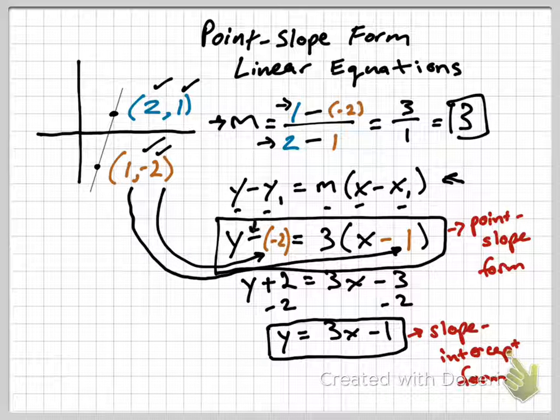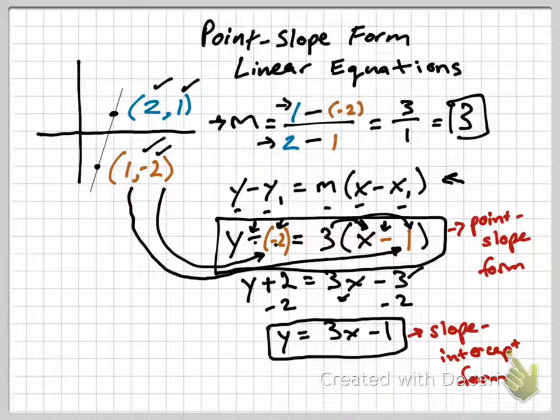Notice I keep this negative sign and this negative sign no matter what this value is, okay? So this simplifies, negative minus a negative simplifies to a positive, and using the distributive property, 3 times x is 3x, and 3 times negative 1 is negative 3, okay?